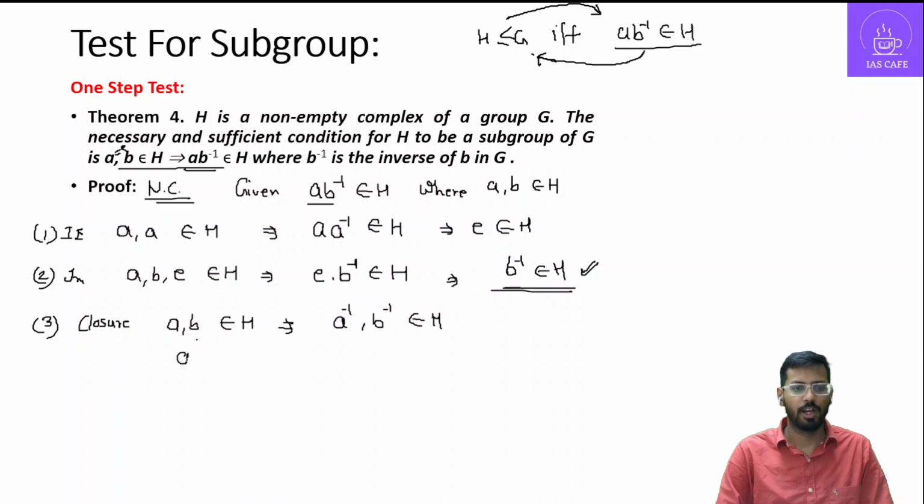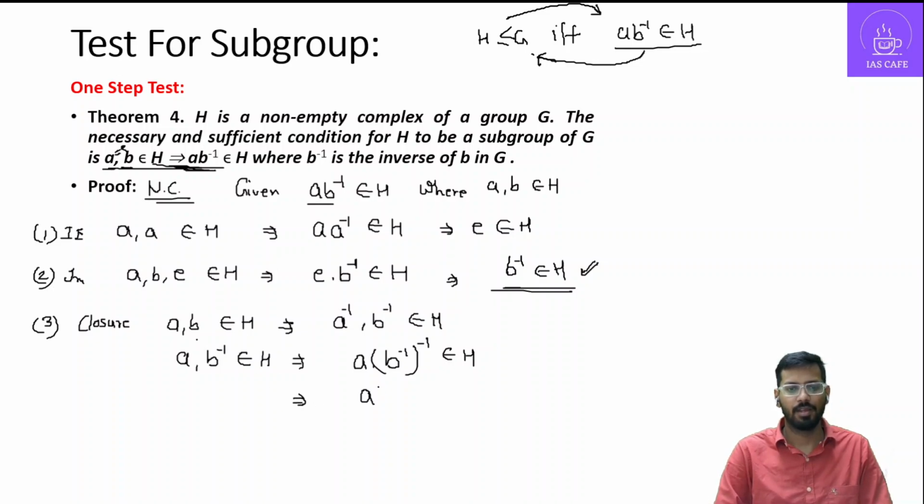From this, if we take two elements A and B inverse belonging to H, then we can write A dot B inverse whole inverse should belong to H from this given condition. Here we are taking first element A, second element is B inverse, then we can write A B inverse whole inverse belongs to H. From this we can write AB belongs to H. Okay, so closure property is also satisfied here. Three properties are satisfied.